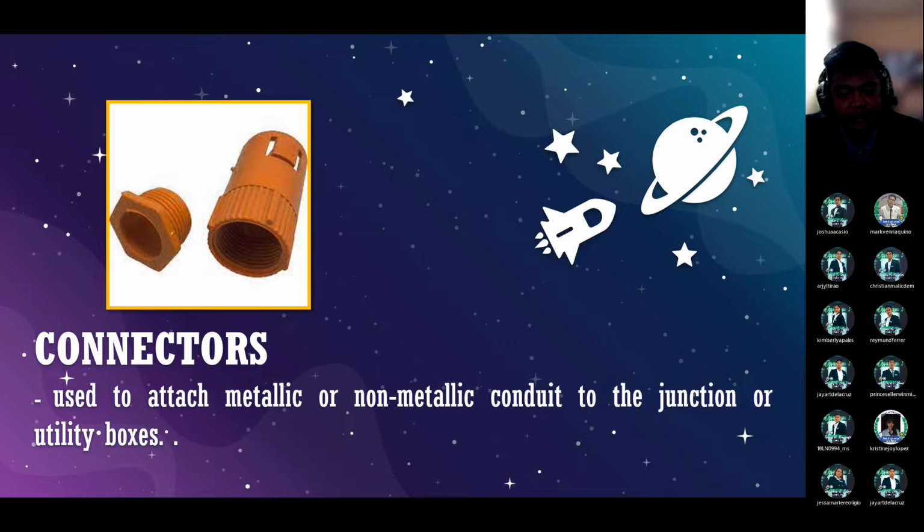So next, lastly, is connectors. Kindly read, Mr. J. Art. Connectors are used to attach metallic or non-metallic conduit to the junction or utility boxes. So it is simply used to connect.